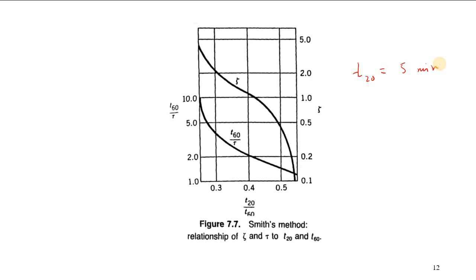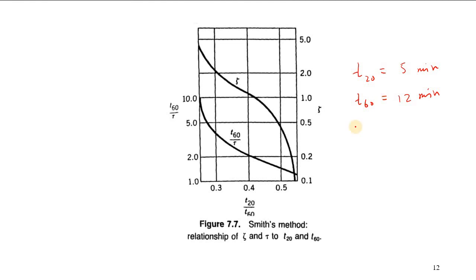And for example, we obtained T60 to be, for example, 8 minutes. Okay, I'm just taking an example here. 8 minutes looks very fast, so I'm going to take 12 minutes, because this is T60, right? Just to give a flavor of its accuracy.